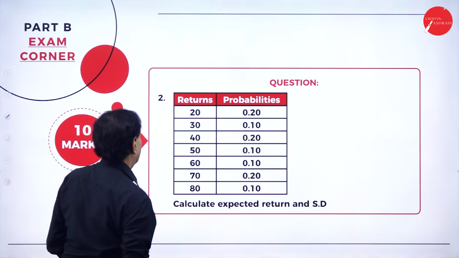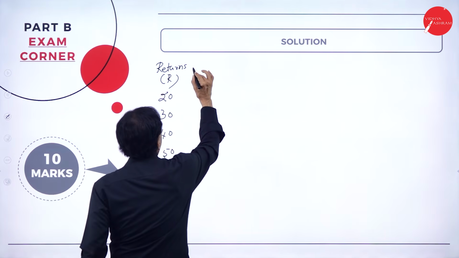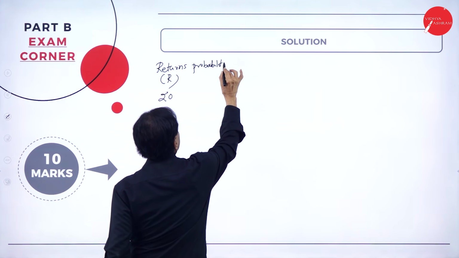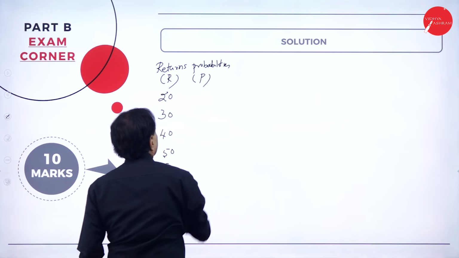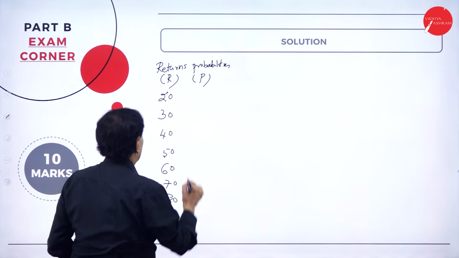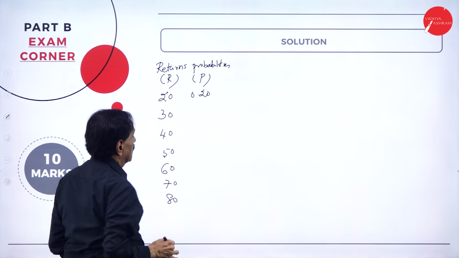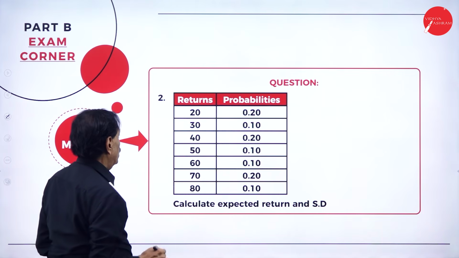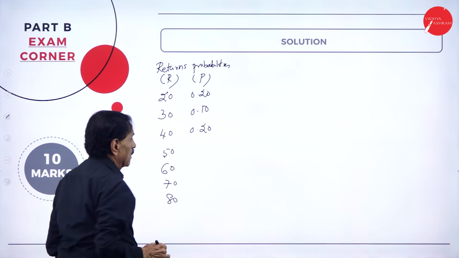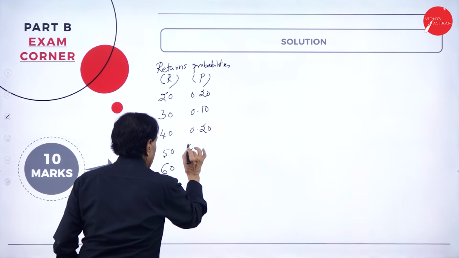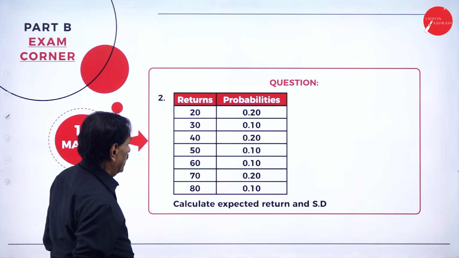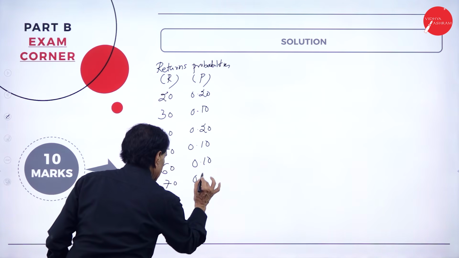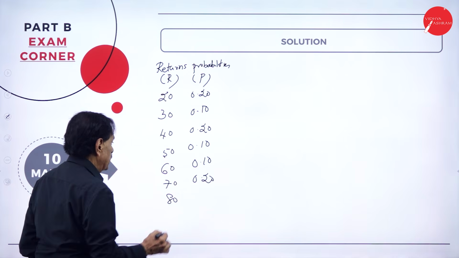The probabilities P are 0.20, 0.10, 0.20, 0.10, 0.10, 0.20, 0.10.